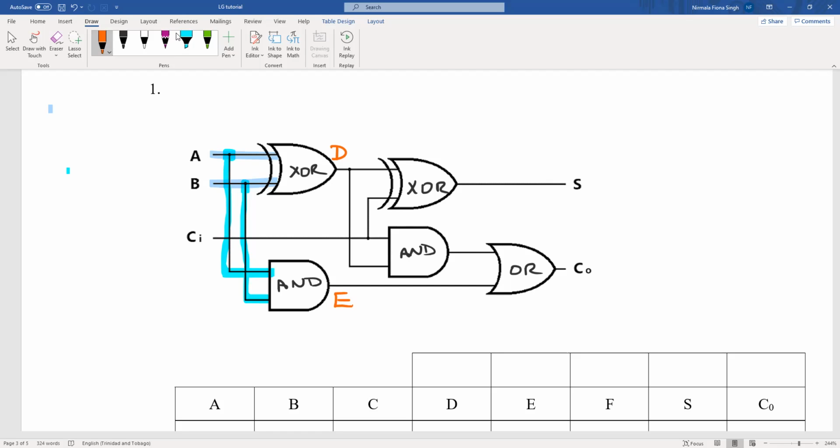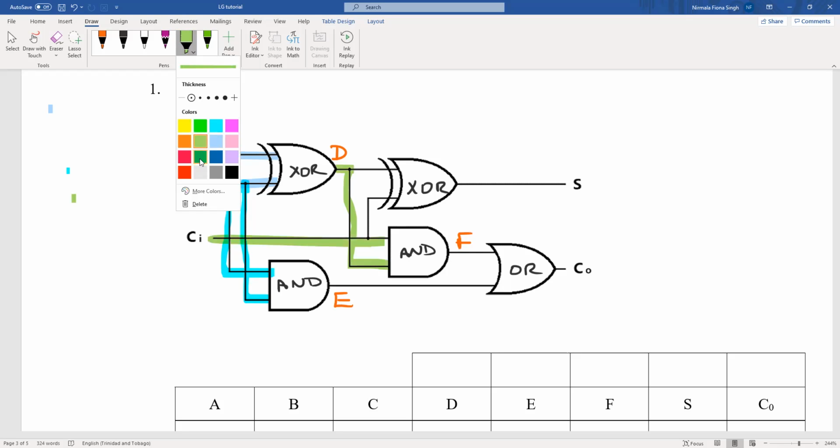Now let's get our other output, our closest gate. If you look here, I'm going to take D, funnel it down to here and add it to C. So D and C will give you F. And let's look at the next piece of the combination gate. You need to take your pencil and follow it through.